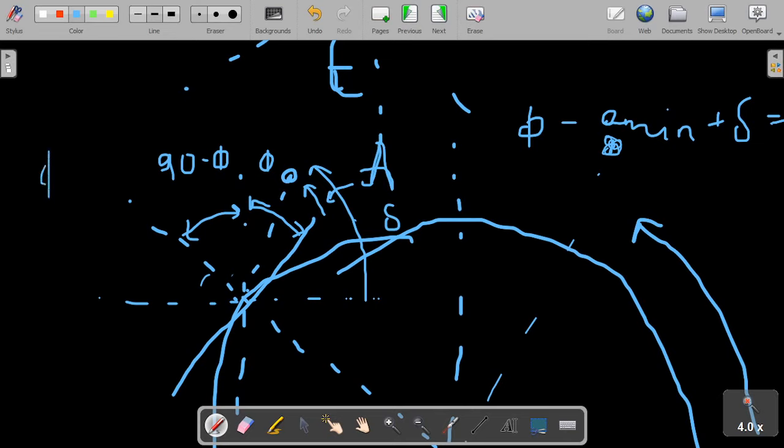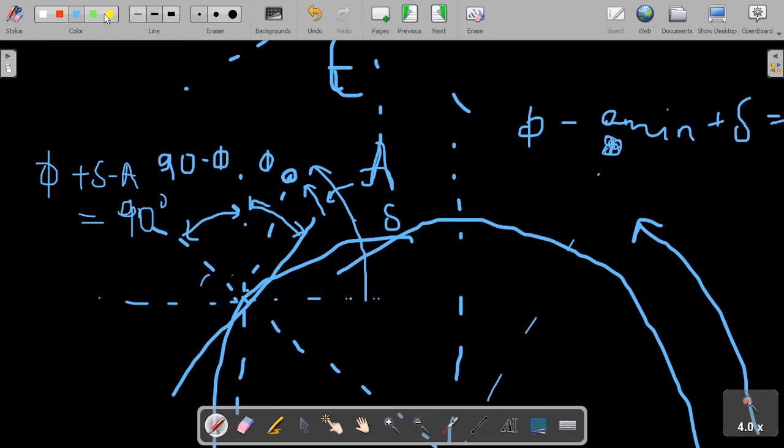You can write phi plus delta minus A min is equal to 90 degrees.